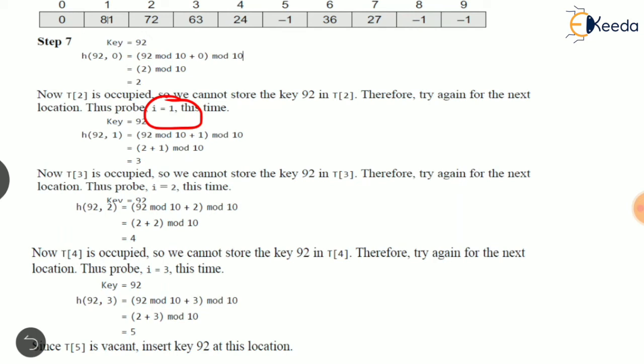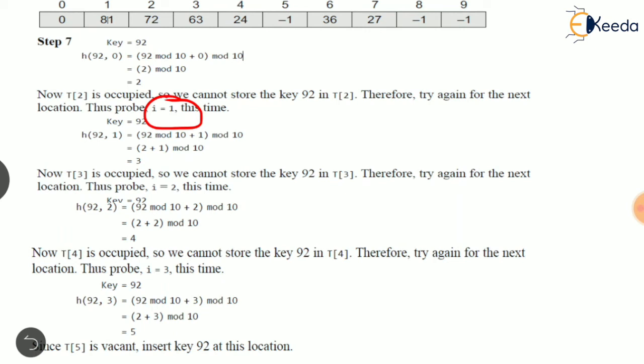Now we search for T[3]. T[3] is also occupied, so we cannot store the key 92 in T[3]. Therefore, try again for the next location.